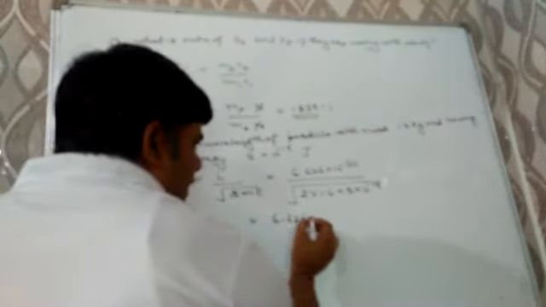On simplification we will get 6.626 into 10 raised to power minus 34 upon 2 into 16 into 8 into 10 raised to power minus 20, and that comes out to be 6.626 over 16 into 10 raised to power minus 24.